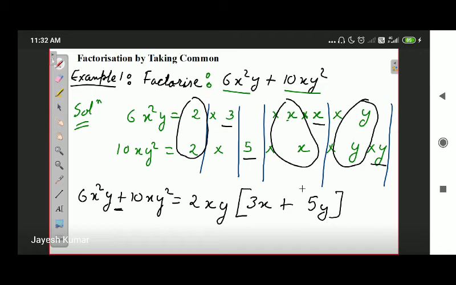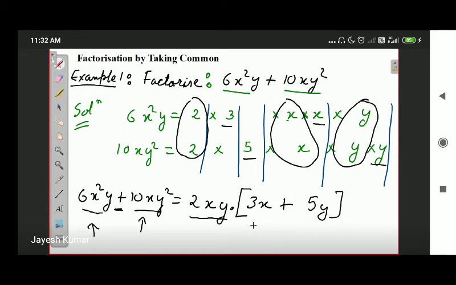So what I have done is, I have changed the form of the polynomial. I have changed the representation of the polynomial. Earlier we had 2 terms that were added, and now we have 2 terms that are being multiplied. The first term is 2xy, the second expression is 3x plus 5y.